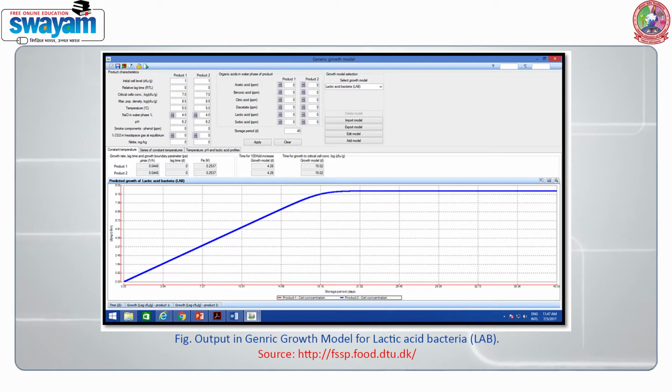We see that the microorganism has undergone an exponential growth and then it has reached a stationary phase, which is due to the accumulation of the acid, that is the lactic acid being produced by this microorganism, which is acting as inhibitory due to its concentrations at the later stage of its growth.